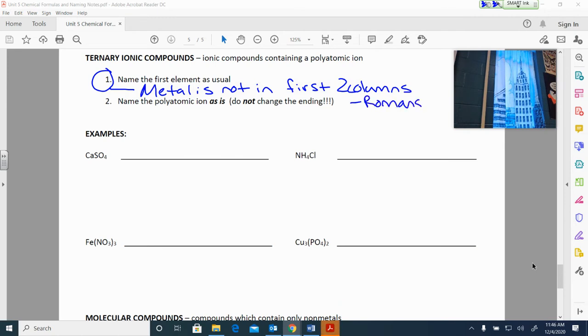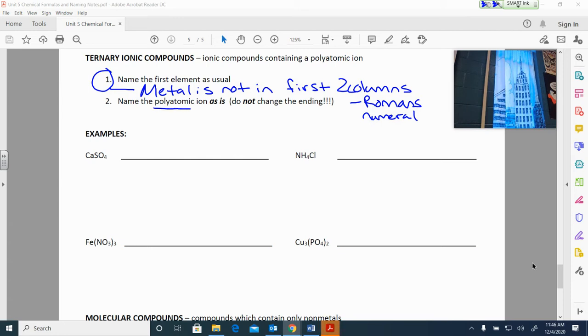So basically it's the same rules as yesterday, the first two rules. It's still going to need that Roman numeral if it's in the middle section.